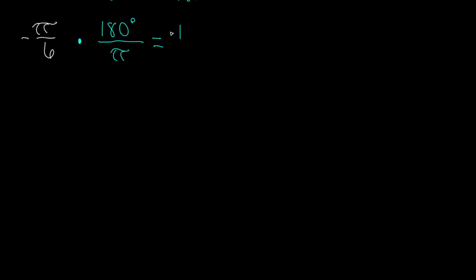So now we have negative 180 pi over 6 pi. Now how many times does 6 go into 180? 30 times. So we're left with negative 30 degrees.